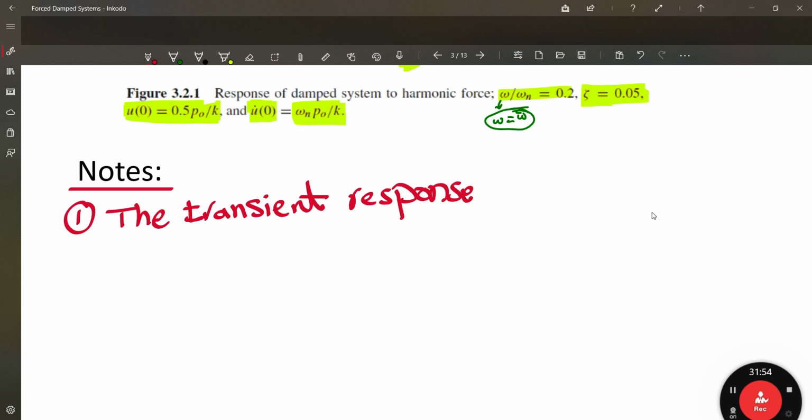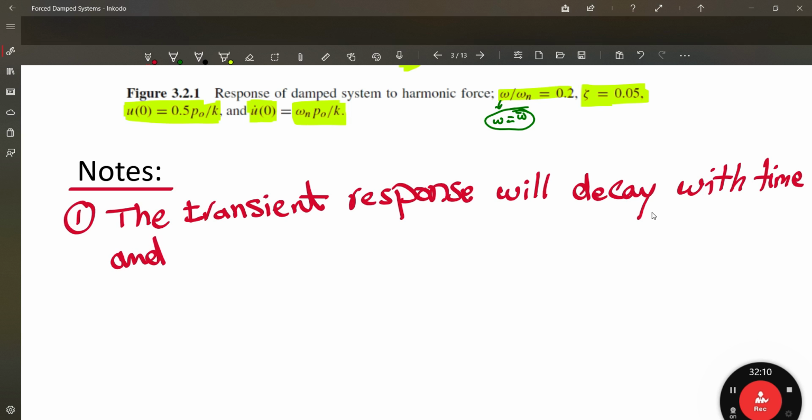The transient response will decay with time, and the steady state remains.